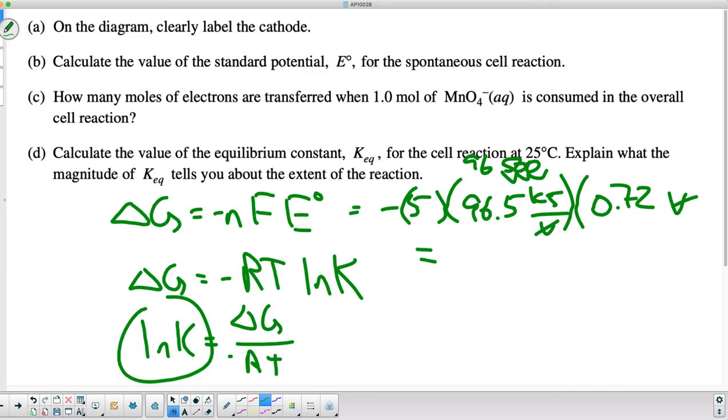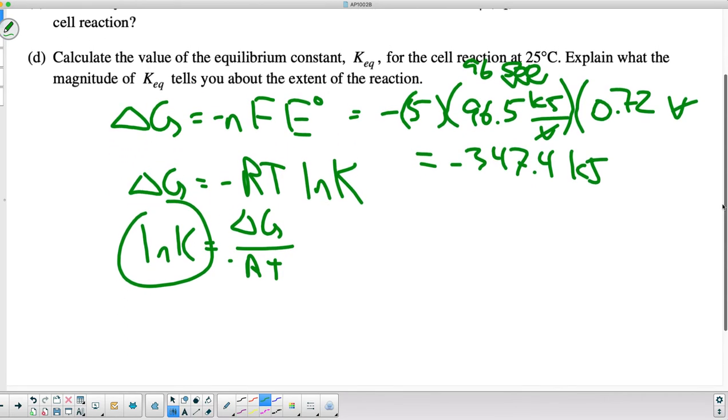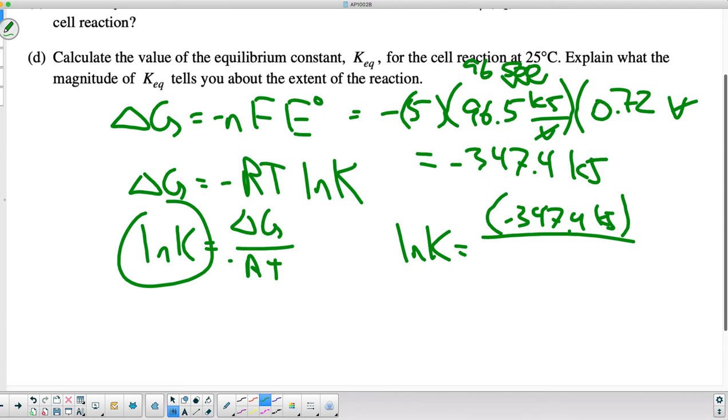Right there, I get a value. If I multiply those, and just make sure I'm good with this, my value is a negative 347.4 kilojoules for my delta G. So when I slide down here to the natural log of K equals, that's going to be my negative 347.4 kilojoules per mole, and then my R. We've done a problem like this already, and because this is joules, I changed it to kilojoules so that the kilojoules cancel.